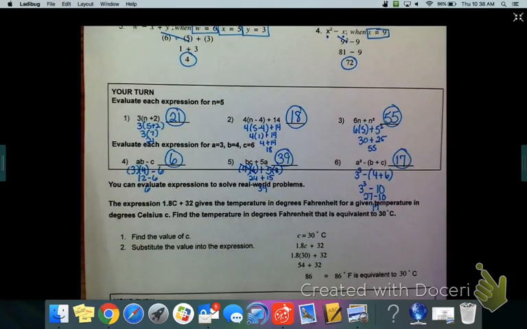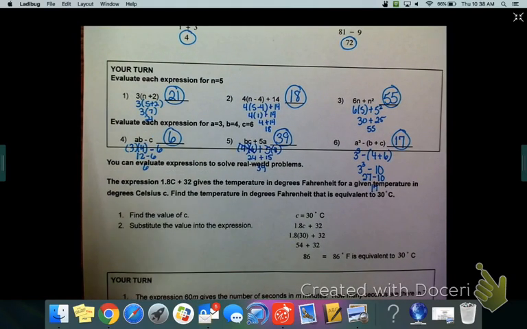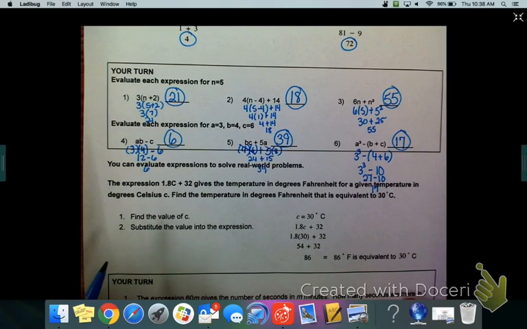When you are evaluating expressions, you can do this with the real world too. So one particular example that comes to mind is degrees Fahrenheit. There is a formula or an expression that we use to convert degrees Celsius to degrees Fahrenheit.